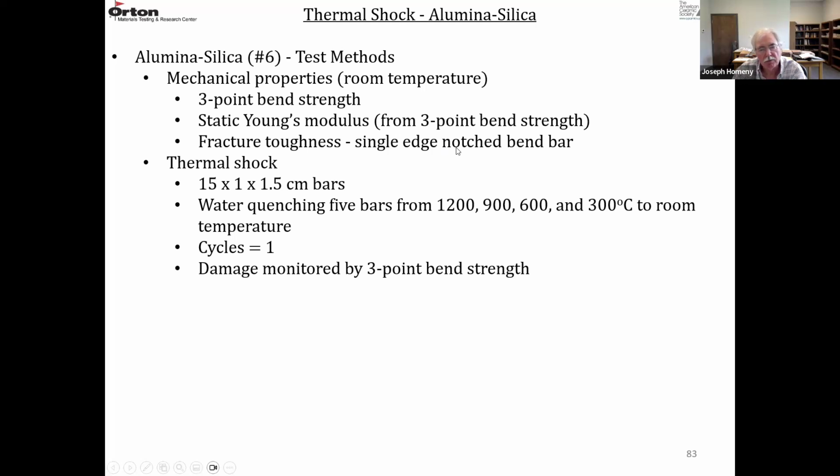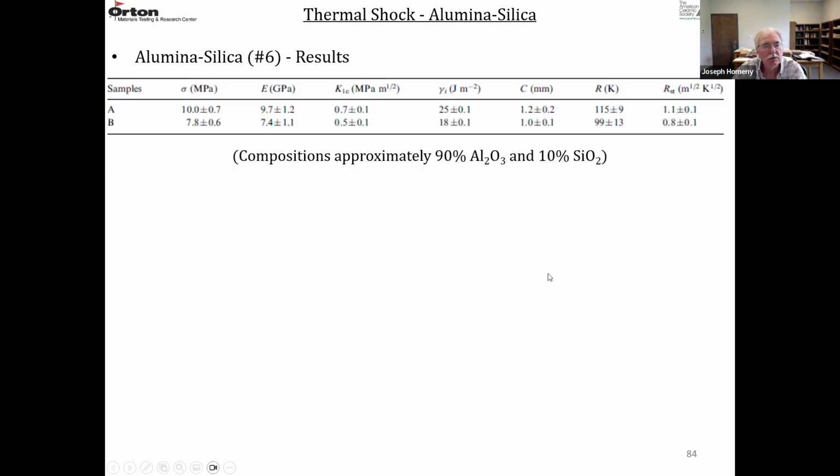Fracture toughness was measured by a single edge notch beam bend bar. The thermal shock samples were 15 by 1 by 1.5 centimeter bars, water quenched, 5 bars from each of these temperatures: 1200, 900, 600, and 300 down to room temperature. One cycle per bar for the water quenching, and then they measured the 3-point bend strength to monitor the damage.